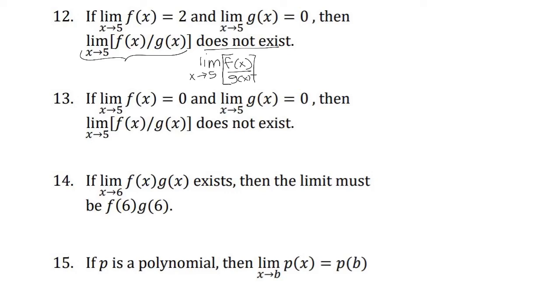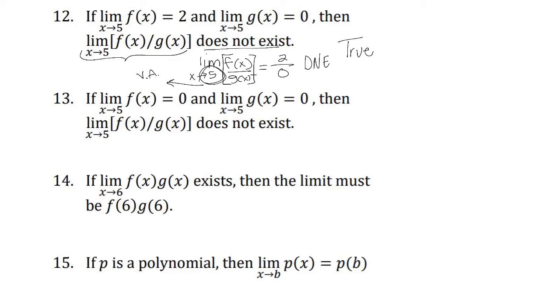And notice that when we apply these limit properties, the limit as x approaches 5 of f of x is 2, and g of x is 0. This is just a limit. It's not one-sided, so this limit does not exist. 5 is a vertical asymptote for our function here. So number 12 should be true.